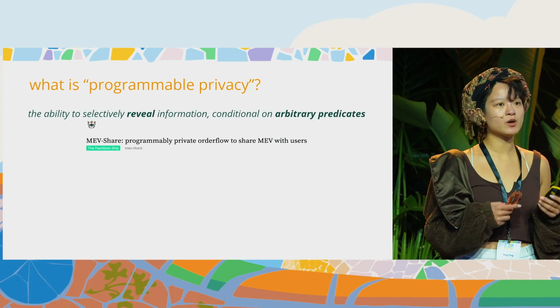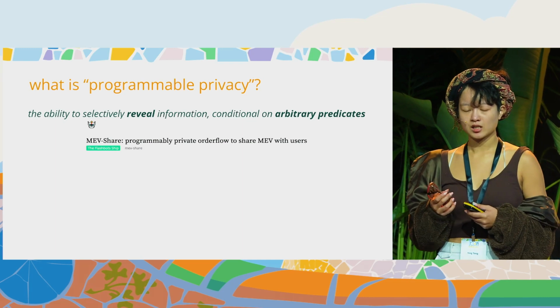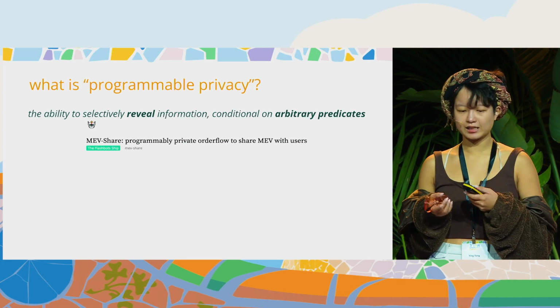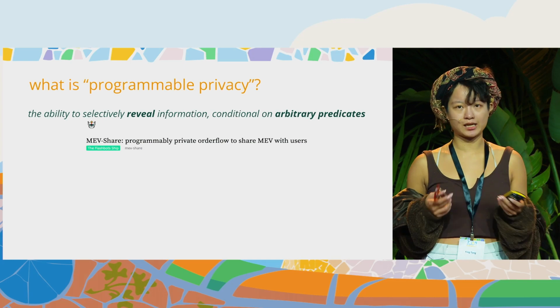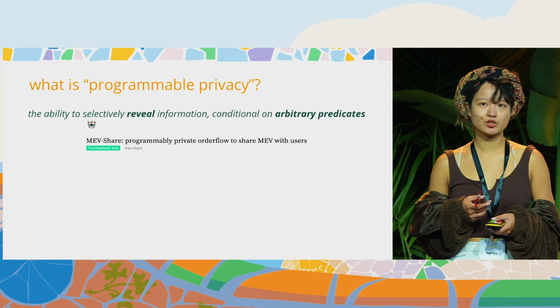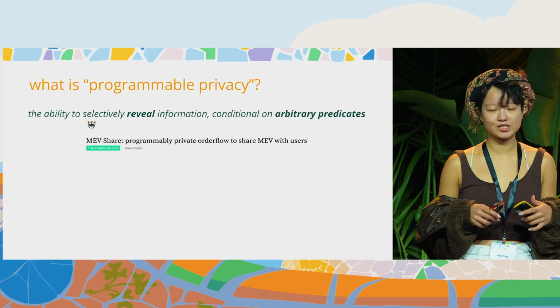The Flashbots team has come up with a way to allow users to conditionally reveal their transactions, based on some share of the profit that validators could extract from backrunning or otherwise arbitraging their transactions. So in this new context, programmable privacy refers to the ability to arbitrarily specify the conditions on which you reveal or not reveal some confidential information.